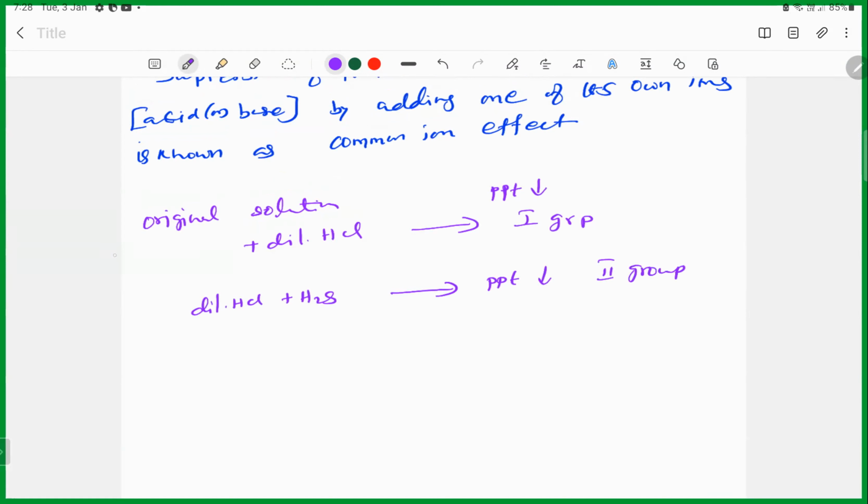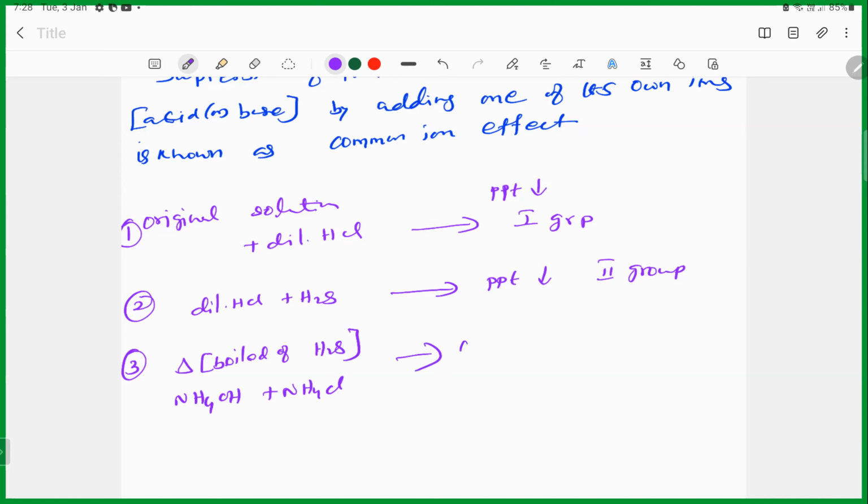Then for the third group, you will heat the solution, so you will boil off the H2S. When you heat it well, the H2S gas goes out. Then you will add ammonium hydroxide and then ammonium chloride. If you are having gelatinous precipitates, it becomes the third group.